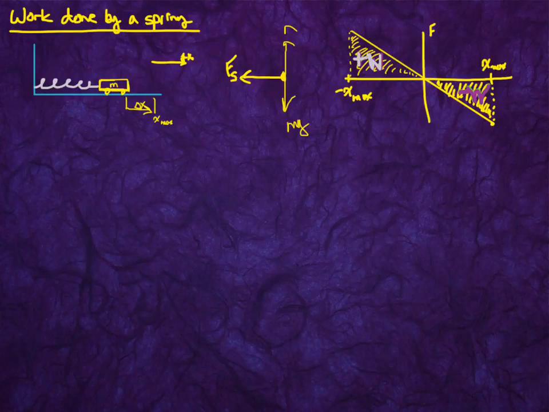All right? But you can see here that there's a relationship between our distance and our force, right? And it is linear. Our force done by our spring is proportional to x, but it's in the opposite direction to it, and it is given by a constant k, and this k is called the spring constant.